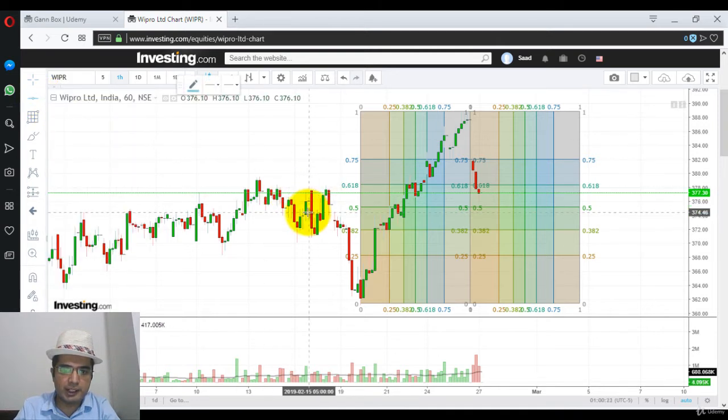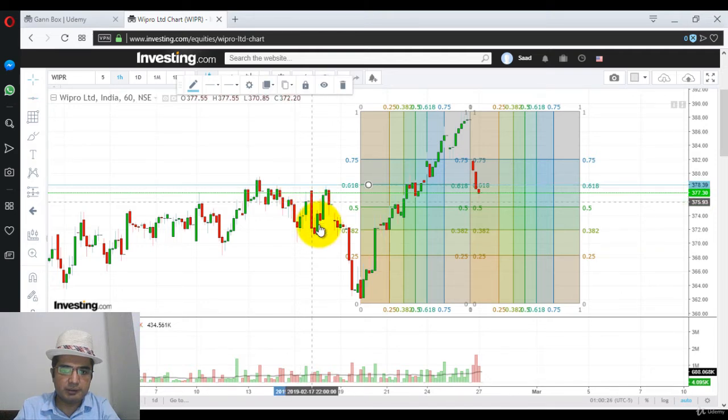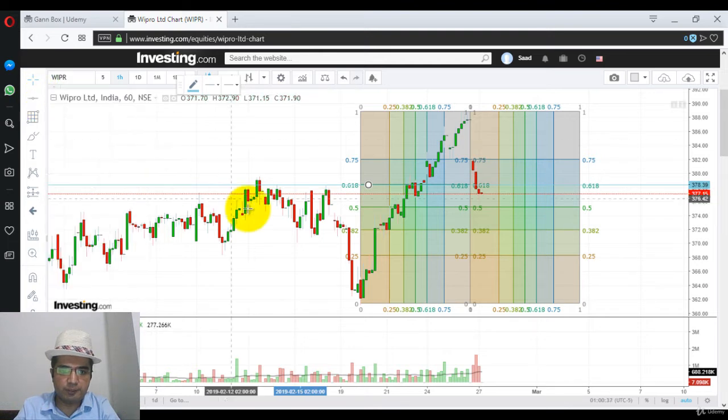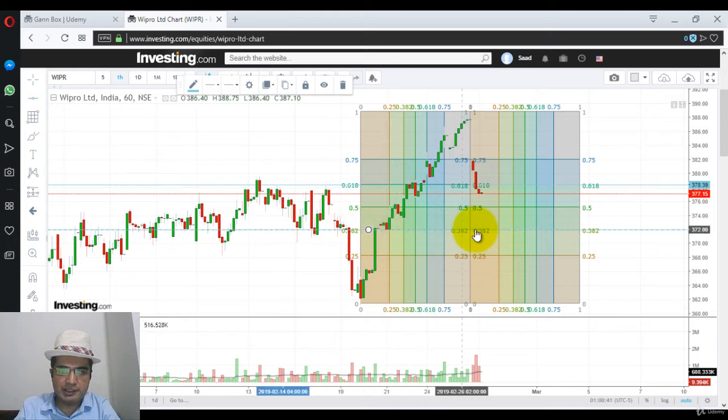Now if you look closely and if I select a horizontal line based on this level, it shows you that this level was the highest point in the previous trading levels. And if I get another horizontal line and put it on this level, it shows you even this level was stronger.